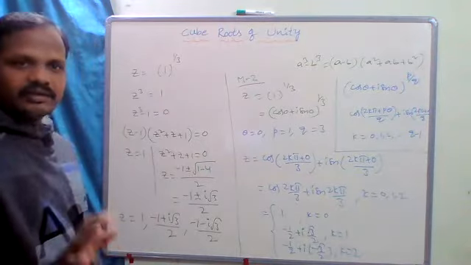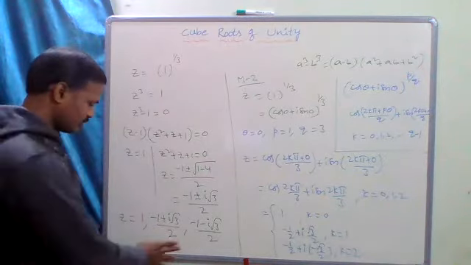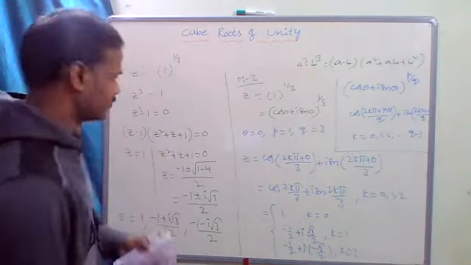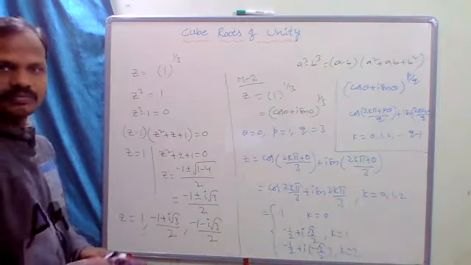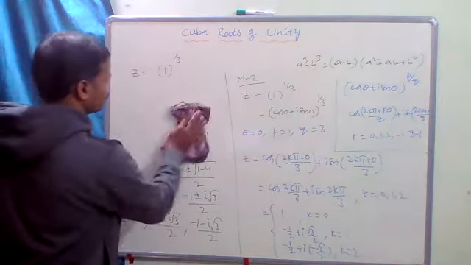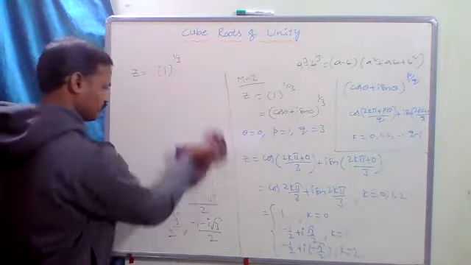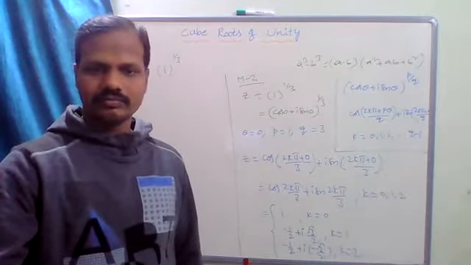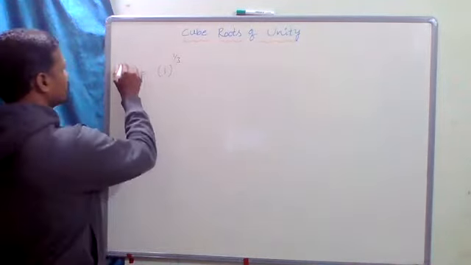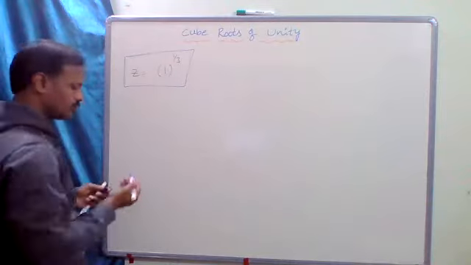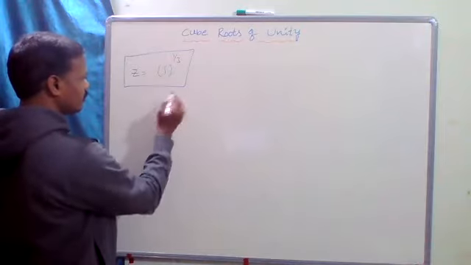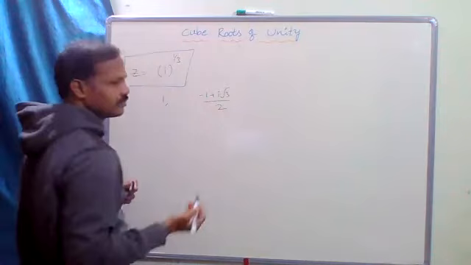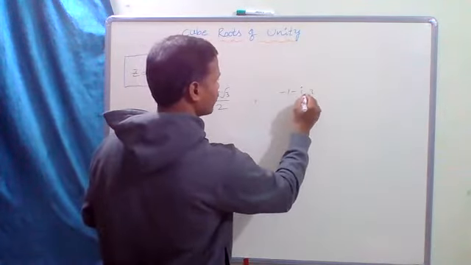So finally the cube roots of unity are 1, minus 1 plus I root 3 by 2, and minus 1 minus I root 3 by 2.